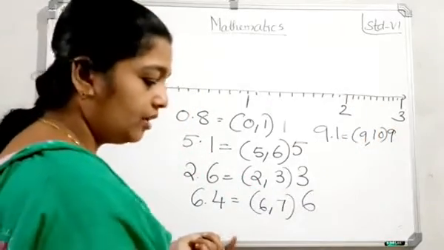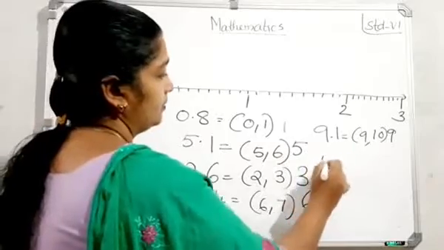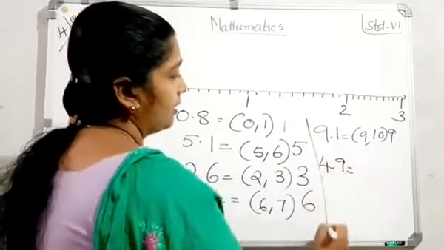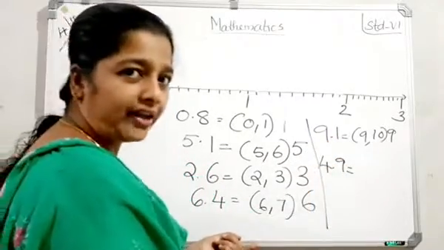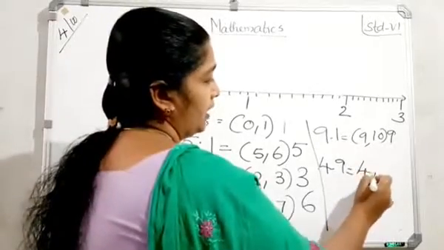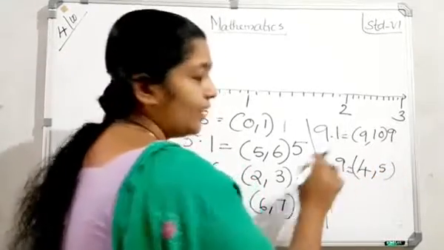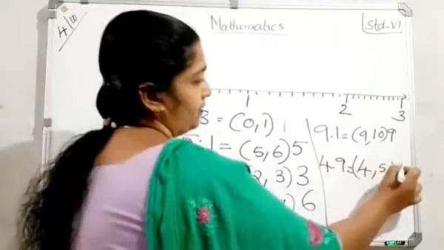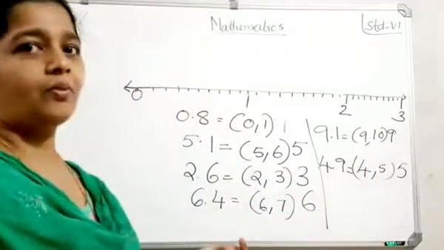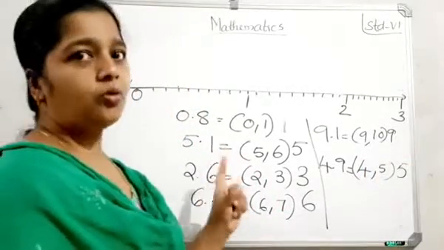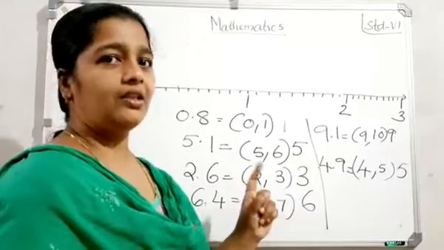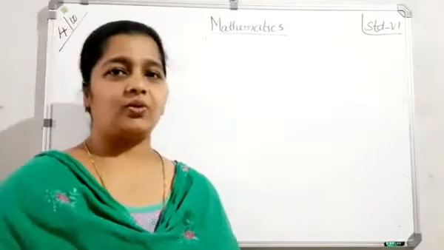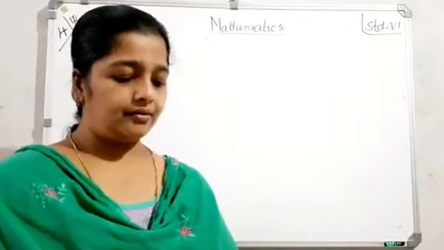Next question, 4.9. That is between 4 and 5. So 4 and 5, then it is near to where? Yes, 5. So you must write in the textbook only. Don't write in the notebook. Next question.